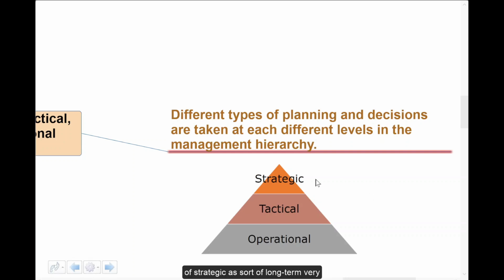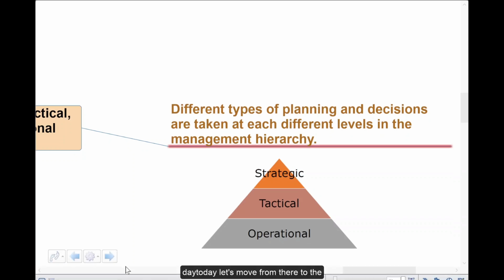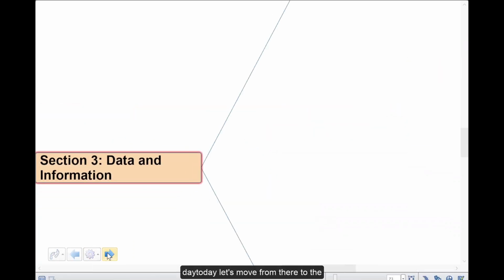So you might think of strategic as long-term, very important high-end decisions, tactical in terms of how do we put those long-term high-end decisions into play in the short to medium term, and then outside of that, operational, day-to-day.